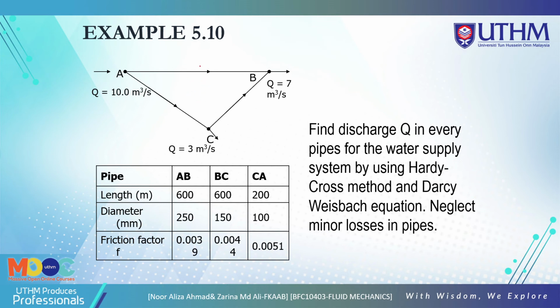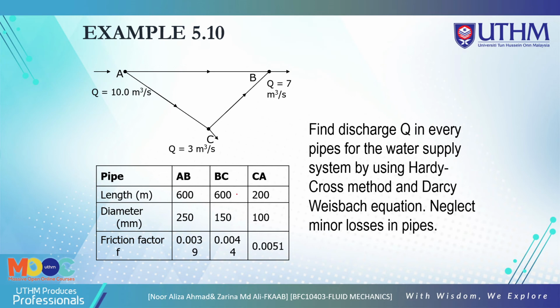Find the discharge Q in every pipe for the water supply system by using the Hardy-Cross method and using the Darcy-Weisbach equation. No minor losses in pipe. So this is the length, the diameter, and friction factor.